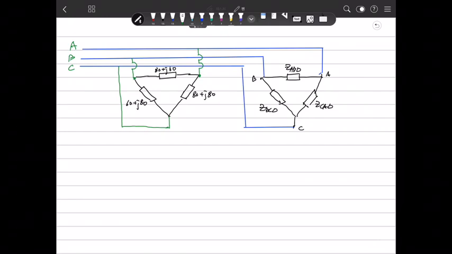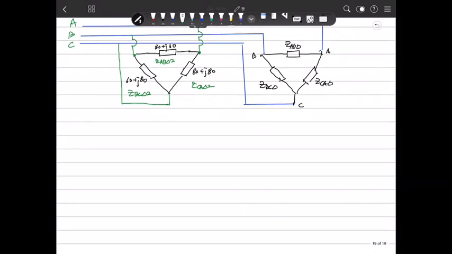We define the other names: this is GBC delta 2, this is GAB delta 2, and this is GCA delta 2. So we define these as two deltas.